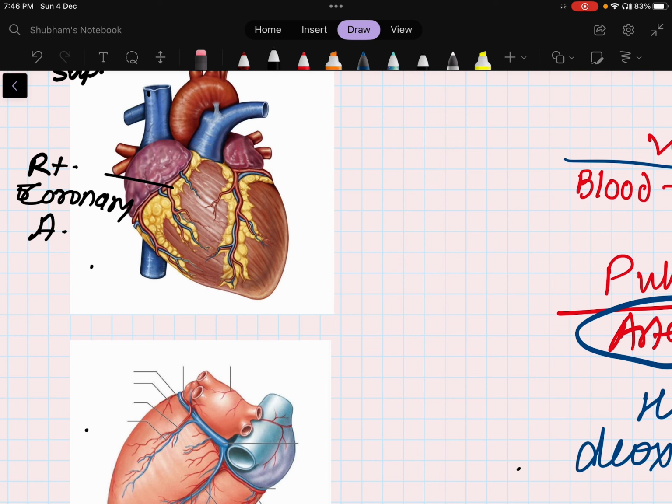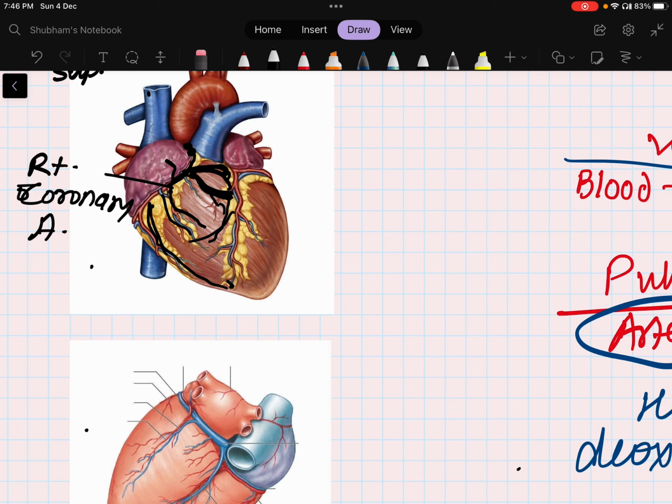It supplies the right ventricle, right atrium, SA node, AV node, left bundle of His, and the posterior one third of the interventricular septum from the inside of the heart, and obviously the base part, right?